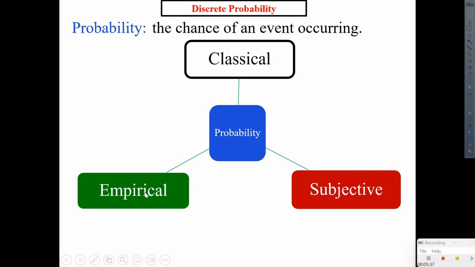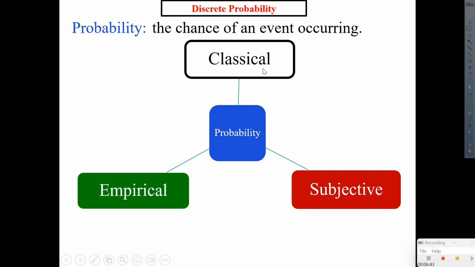How about empirical? It's given an uneven chance in regards to the actual experience of the event, that we actually do an event with whatever manipulative that we are given.